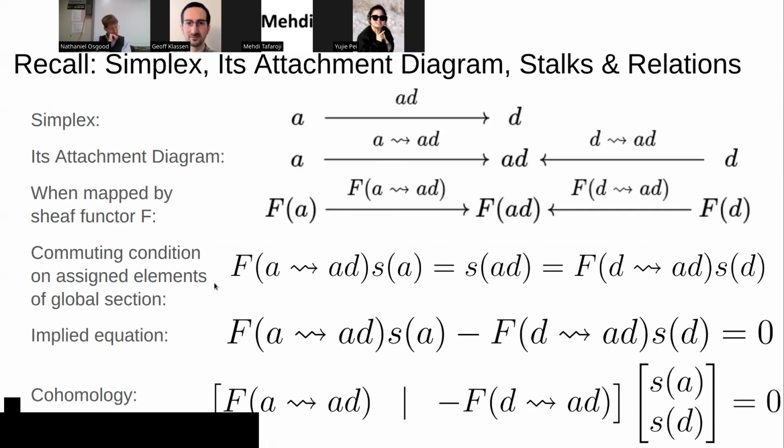Now, for a sheaf, we don't want any old maps here. We don't want any old assignment of data. We need data that gives a consistent picture. Remember those pictures of Alaska.